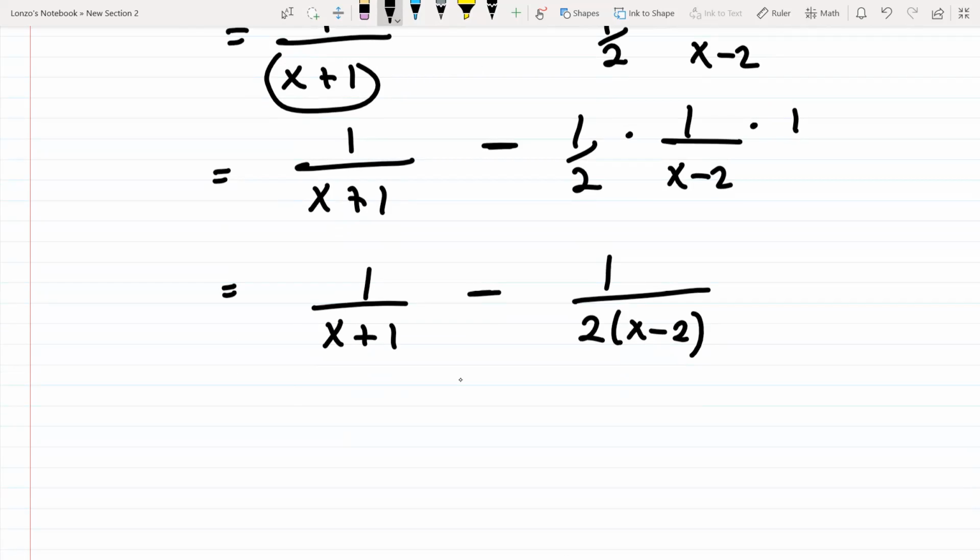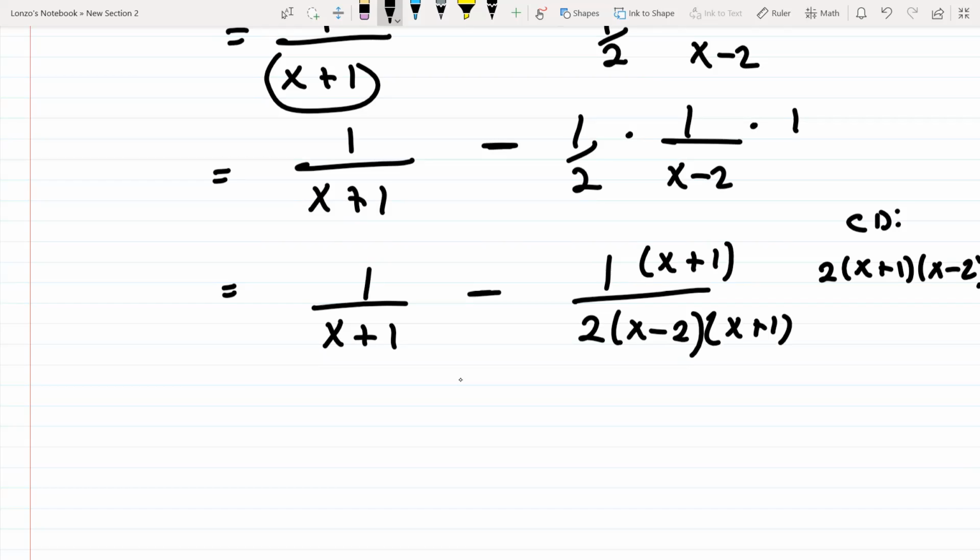My common denominator would be 2, x plus 1, and x minus 2. On this side right here, what are we missing? We are missing an x plus 1. Multiply top and bottom by x plus 1. Over here, what are we missing? We're missing a 2 and an x minus 2.